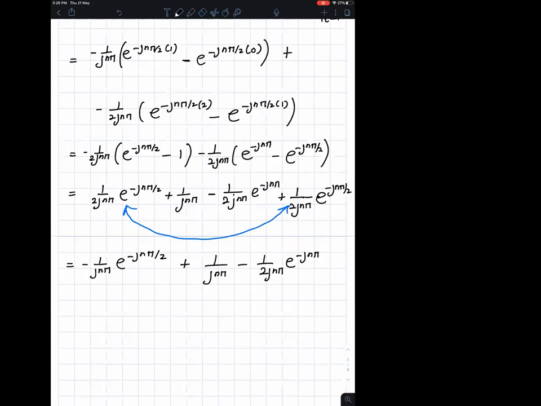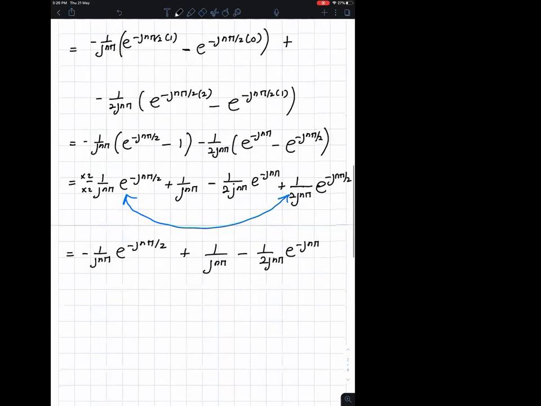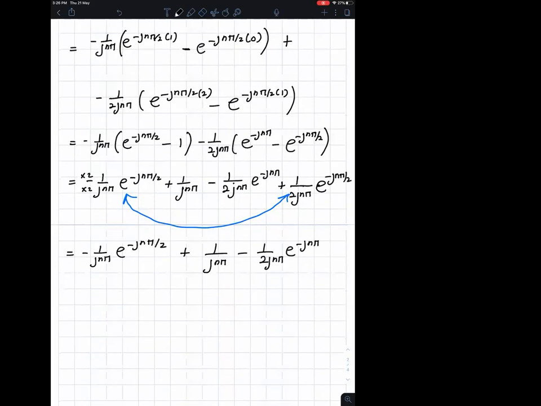The final answer, minus 1 over 2jn pi. The final should be minus 1 over 2jn pi for this part.